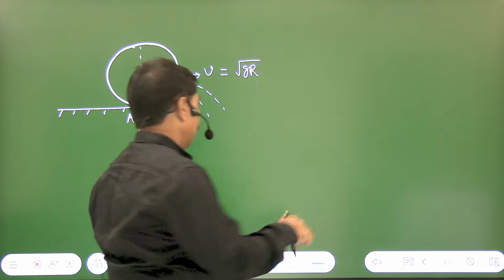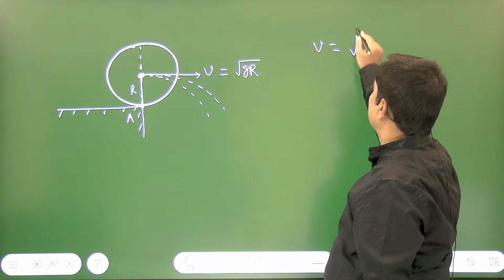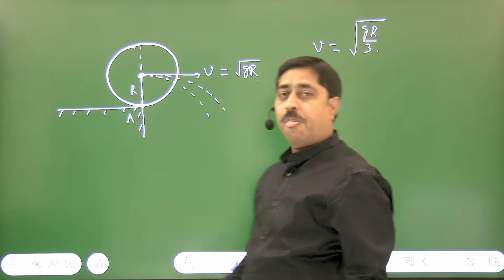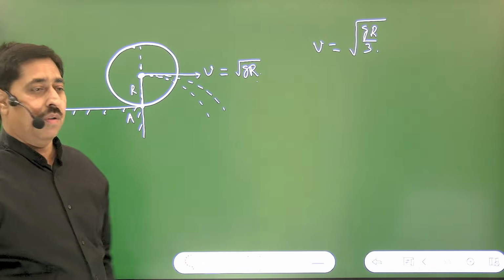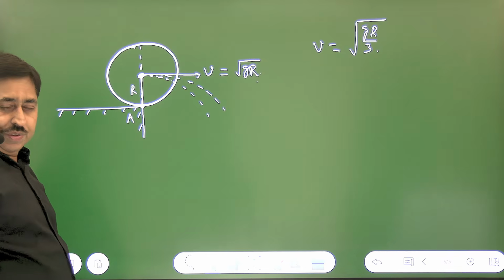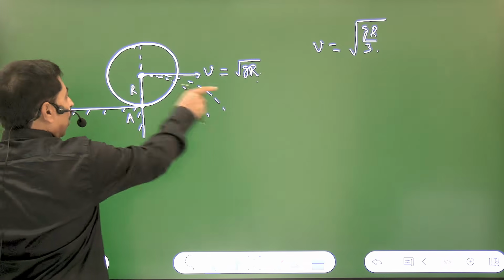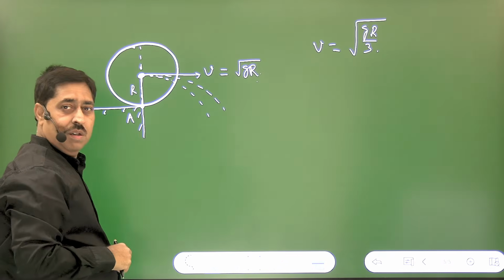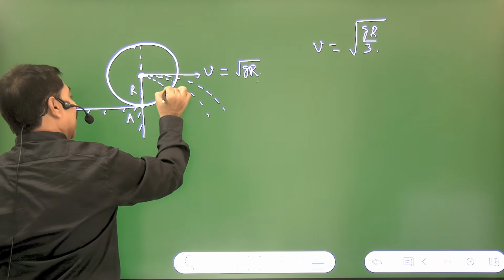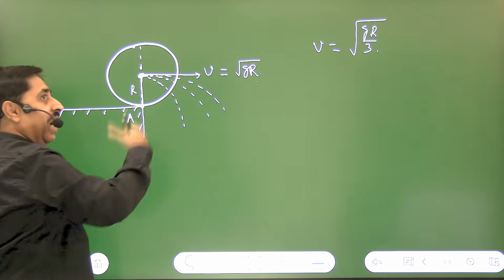But in the question it has been given that this speed is actually less than this. Therefore, remove the table, forget about the table, there is no horizontal surface. If you throw this ball with this speed, what will happen? It will try to go on a path that has radius of curvature less than r.